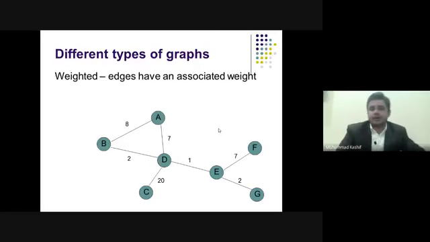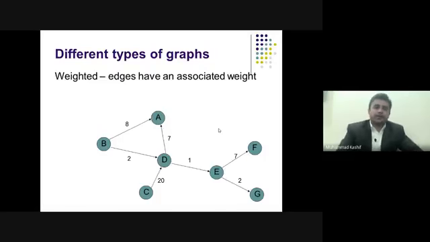So that's why we are using weight over here, and this is called a weighted graph, in which edges have weights, and the weight represents the cost between two communicating nodes, and it gives you an idea which node has a shorter path, or which node has a longer path.